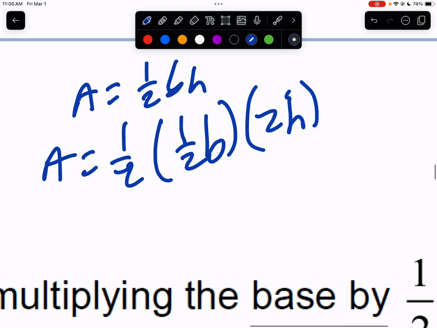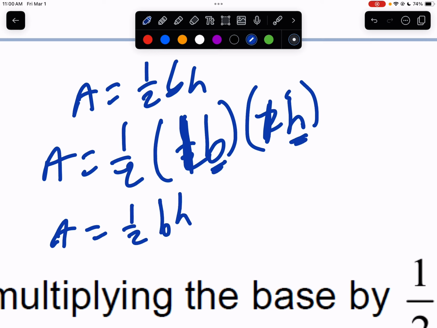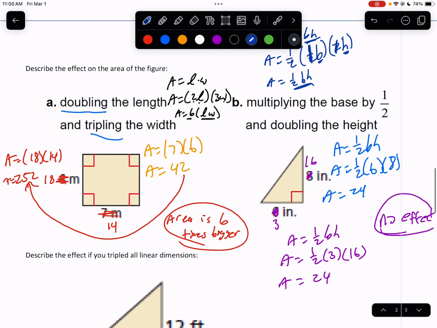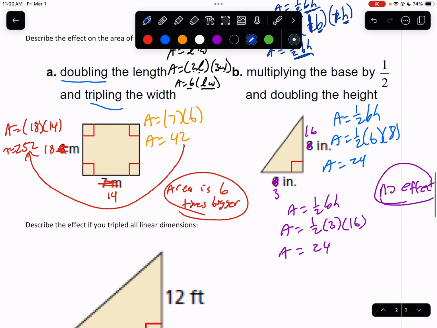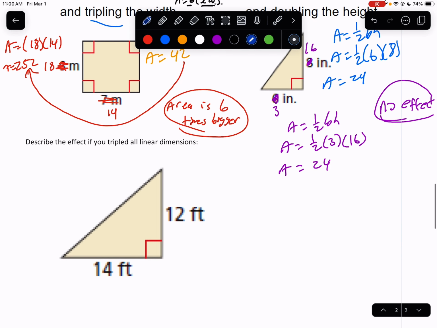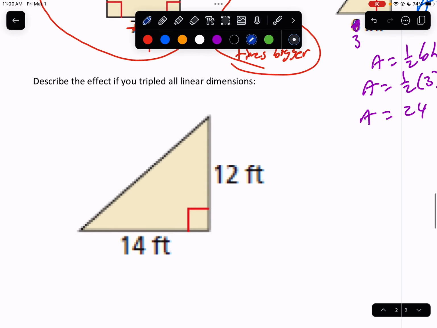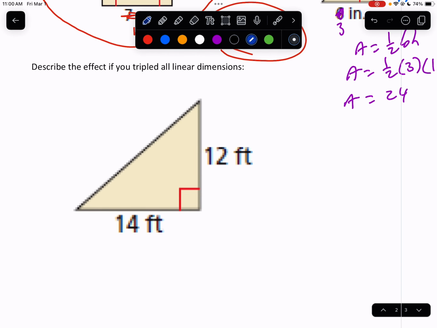Well, let's look at this. 1/2 times 2 just cancels out. So we're left with 1/2 still in front, base and height. Well, that's just the original formula. If you double one dimension and cut another dimension in half, the area is actually unchanged. It's the same area.